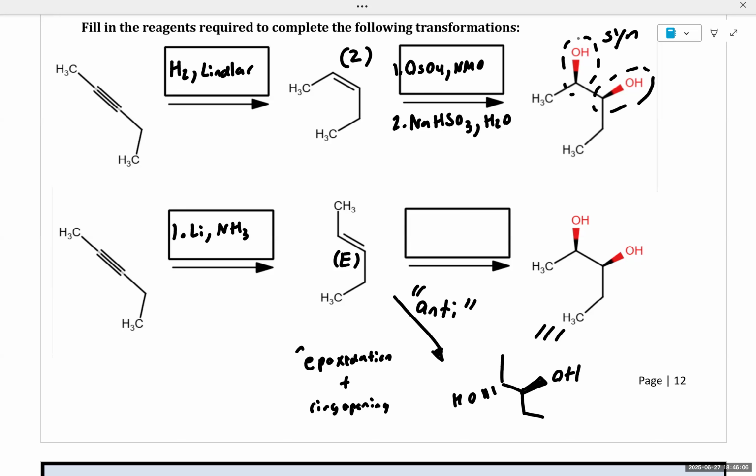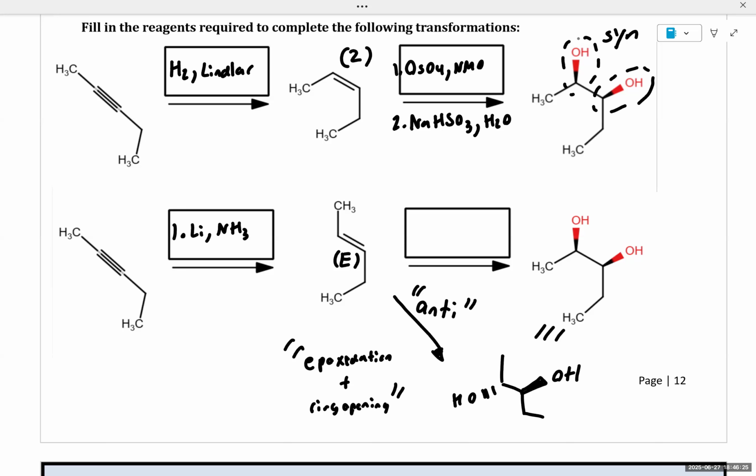This combination, as we discussed in chapter 7, yields a trans 1,2-diol. There are a few other methods I could think of to give a trans 1,2-diol, but epoxidation ring opening is one of the more common methods.